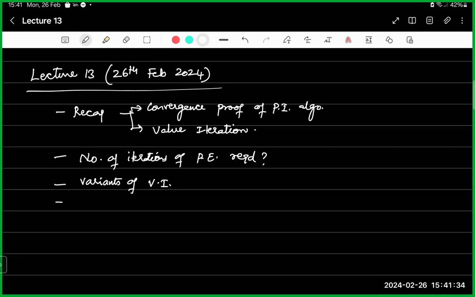That's what we did in the bandits case, right? We did not assume that we know the true means of the arms. We were trying out a few arms and then we found out roughly which is a good arm and then we played according to that. So there we did not know the dynamics in the sense that we don't know the reward distribution. Similarly, in the MDP setting, if we do not know the reward distributions and the transition probabilities, how should we solve for the optimal policy?